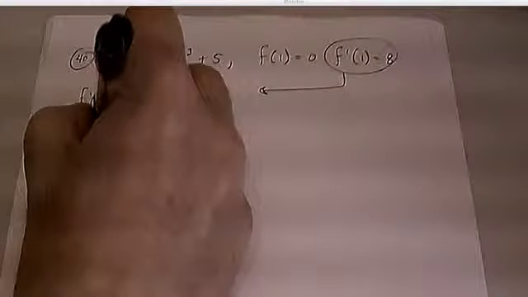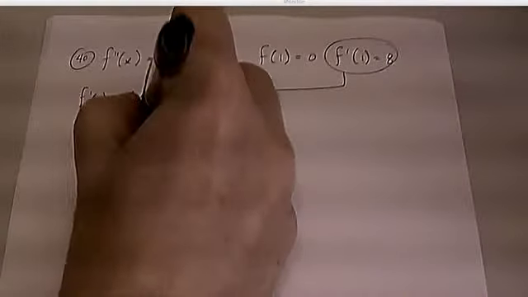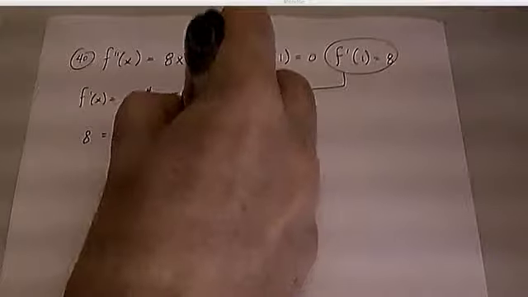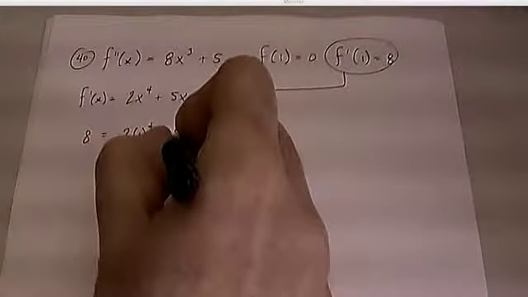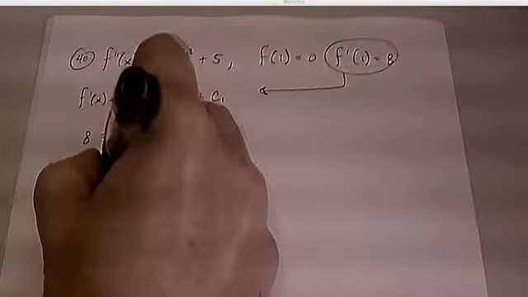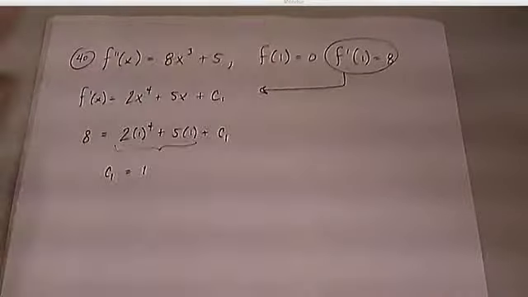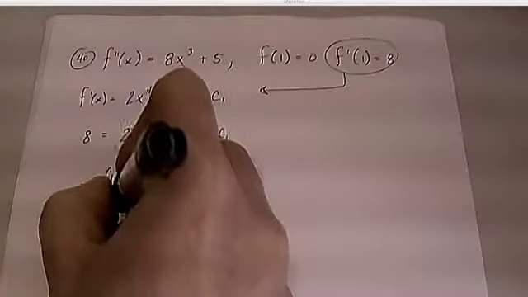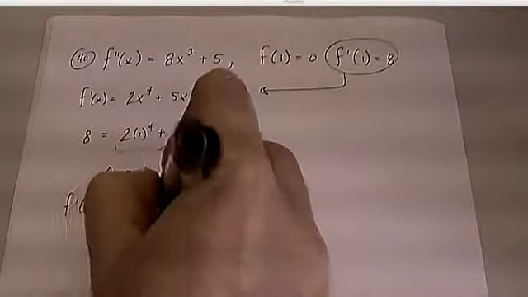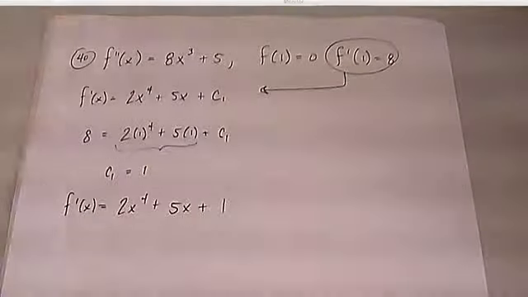We have 8 is equal to 2 times 1 to the 4th plus 5 times 1 plus c1. This right here is 7, so obviously c sub 1 is 1, okay? And therefore I have used the initial condition of f prime to solve and get that.